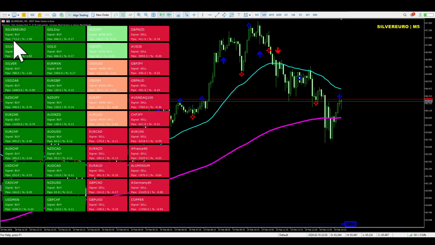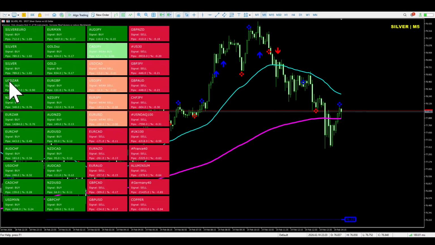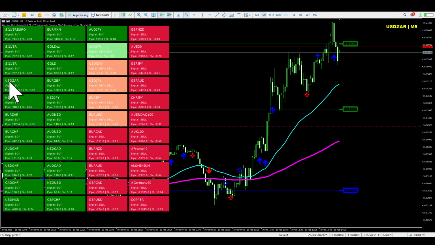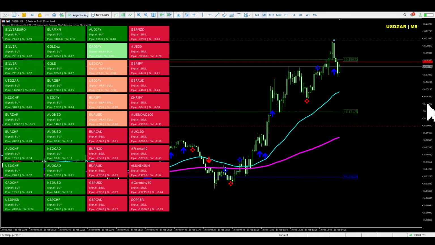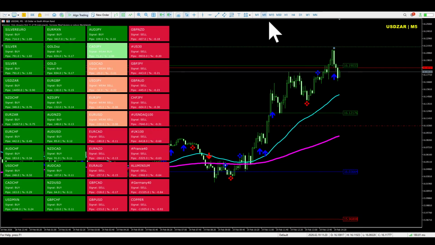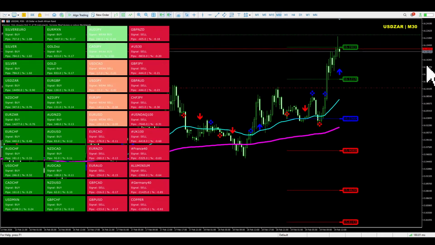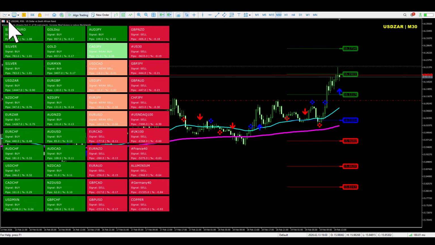I think a good trade to look out for, guys, is silver and gold today. They look like they're going to be paying nicely. Let's have a look at that.